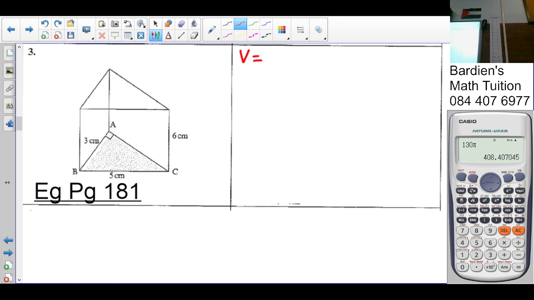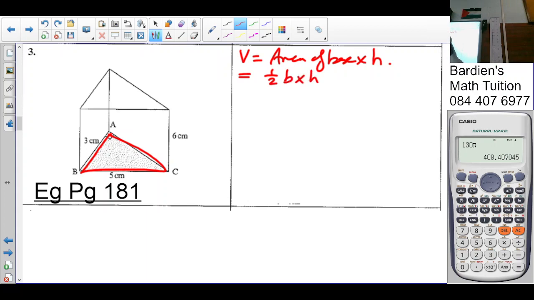The volume is equal to the area of base. What type of shape is this base? Triangular base. How do you calculate the area of a triangle? Base times perpendicular height.